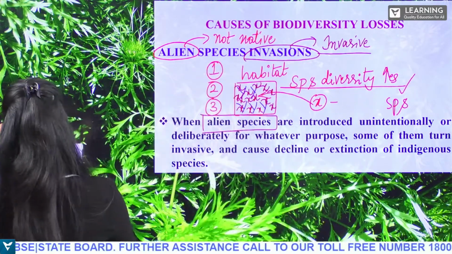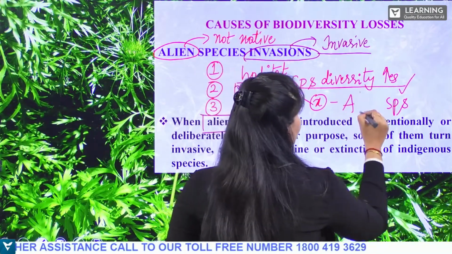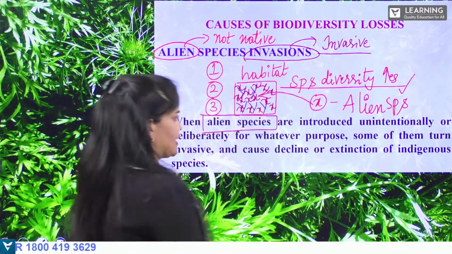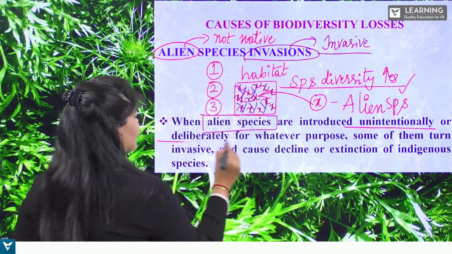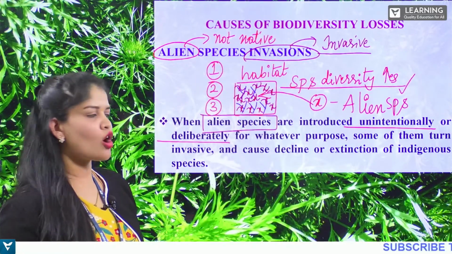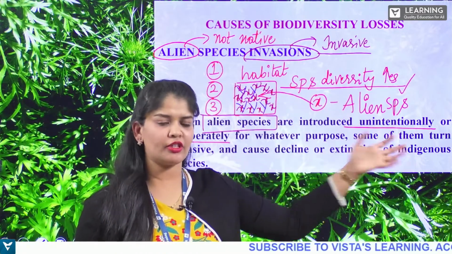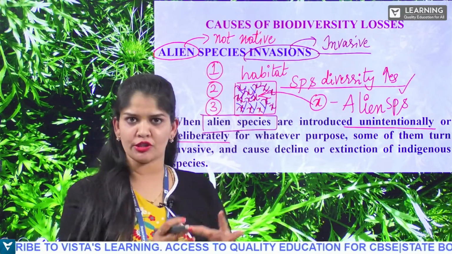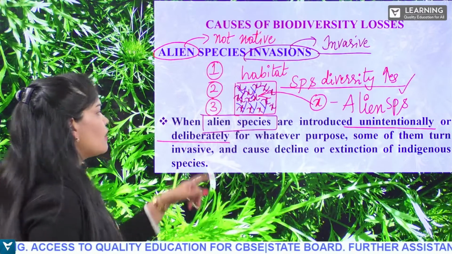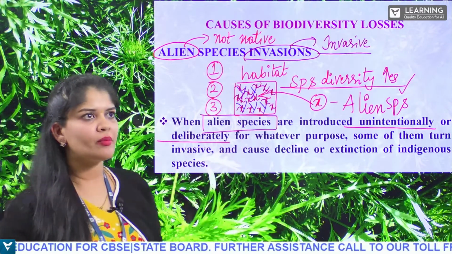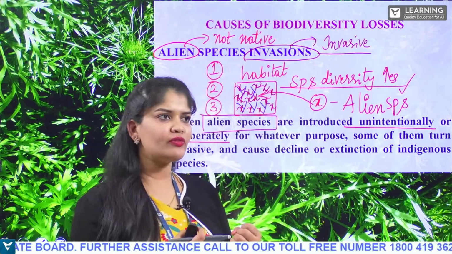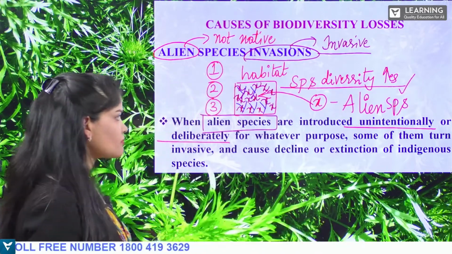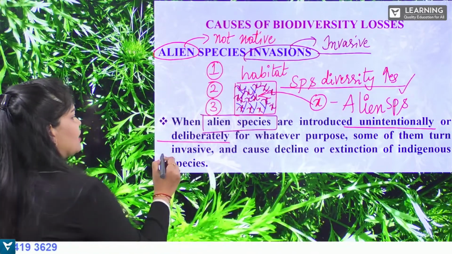So here, when alien species are introduced unintentionally or deliberately, that means consciously or unconsciously, unintentionally without our knowledge, or deliberately with our knowledge, consciously we wanted it and we introduced it, whichever the way, for whatever purpose, maybe it is ornamental, maybe it is commercially important, some of them turn invasive.